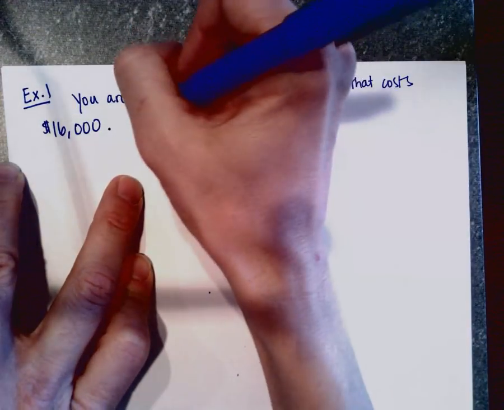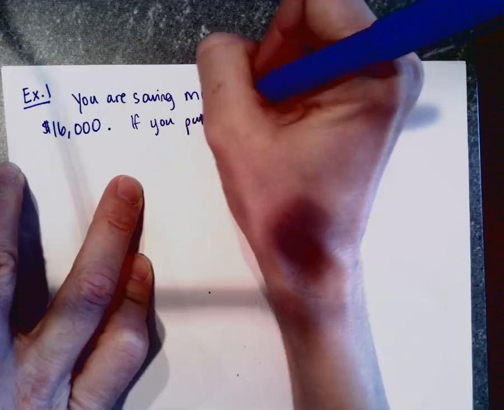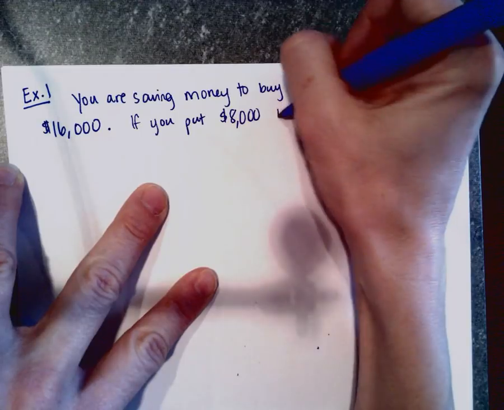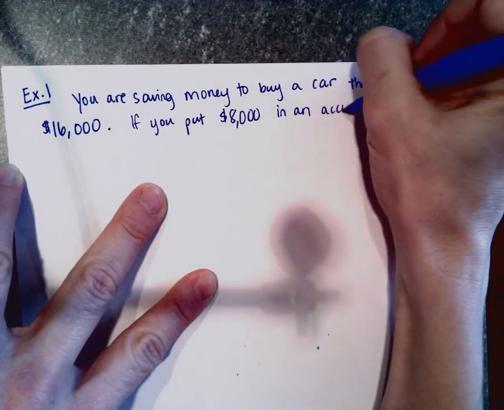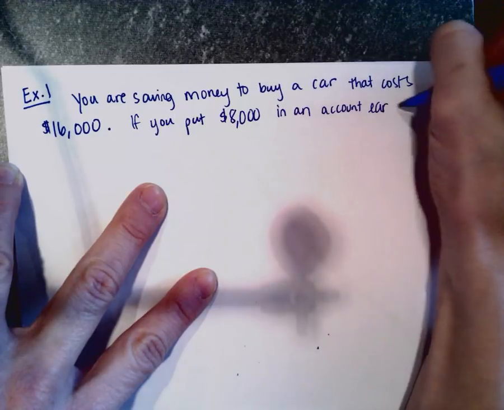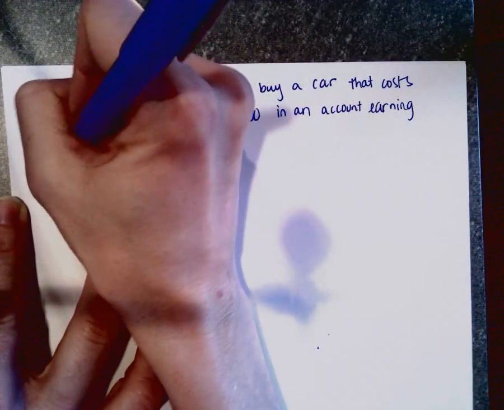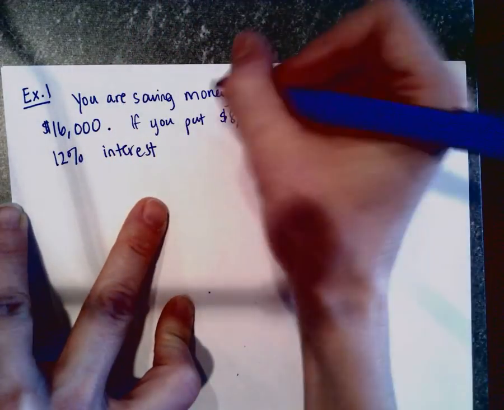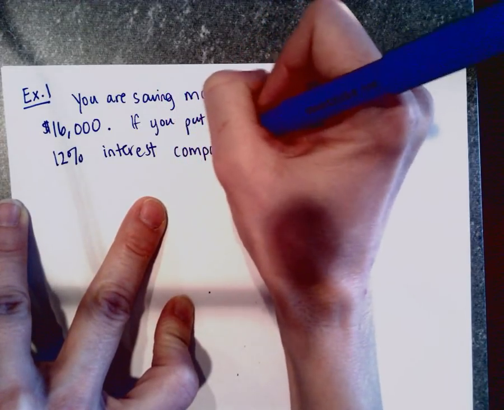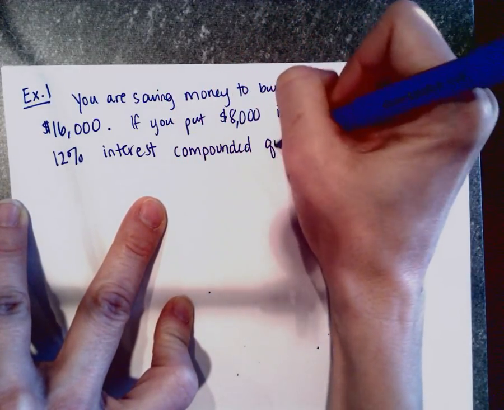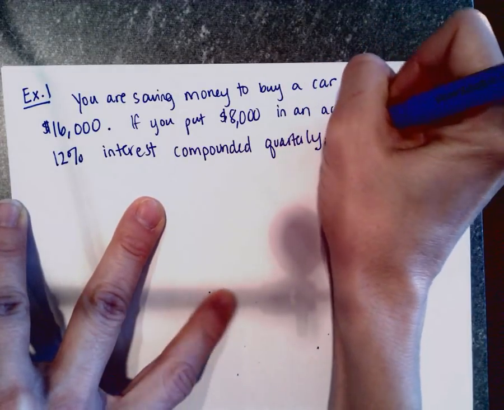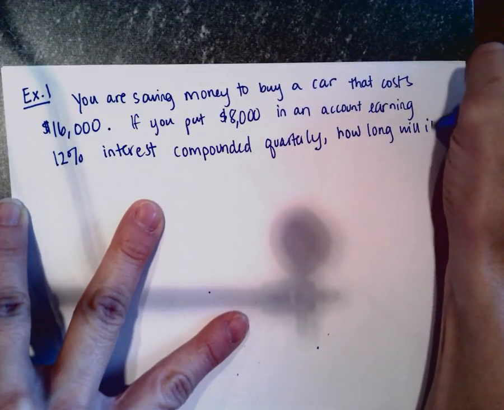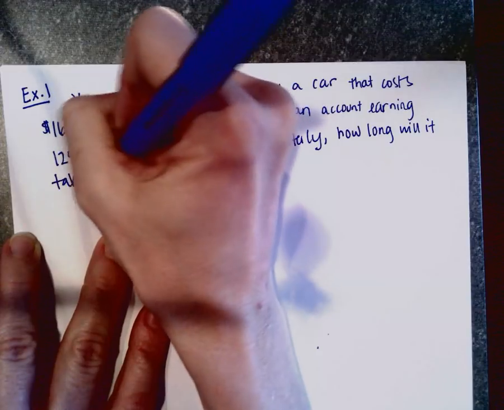If you put $8,000 in an account earning 12% interest, compounded quarterly, how long will it take to save the money?